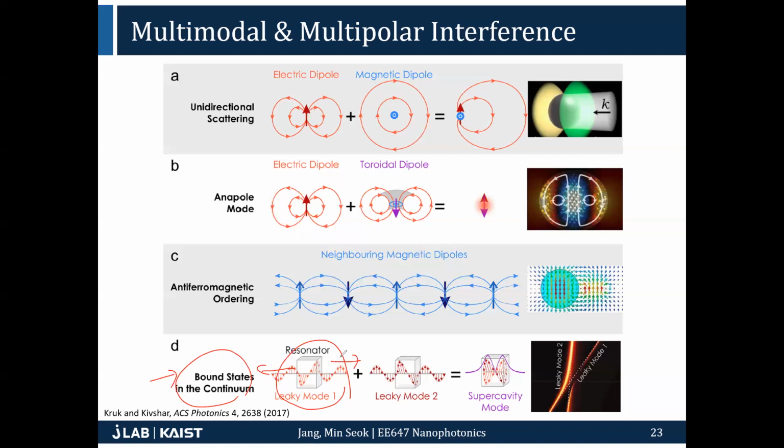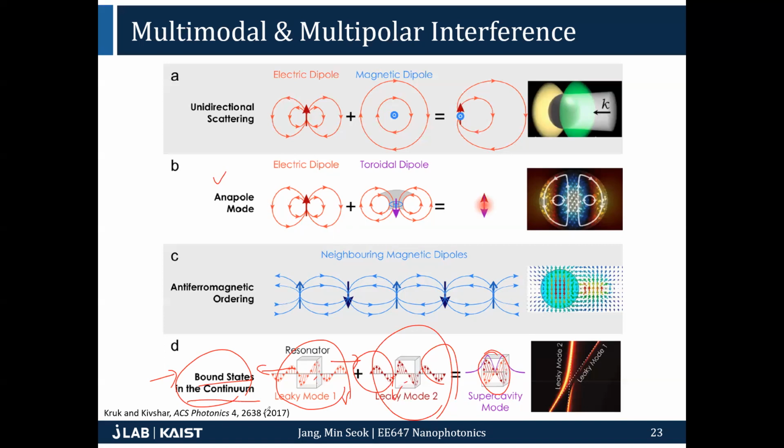If you combine two freely propagating modes, both of them can have outside radiation, but like in the anapole mode, you can make their waves cancel each other outside of the particle, but have a strong field enhancement inside, so that you can create a cavity mode that is called a bound state in the continuum.